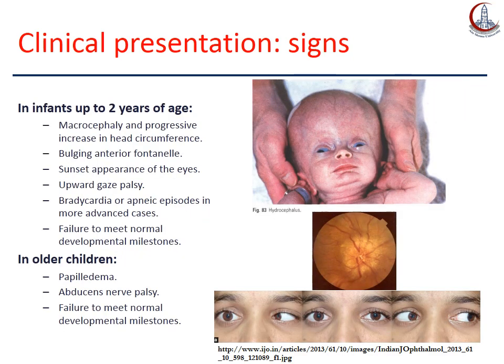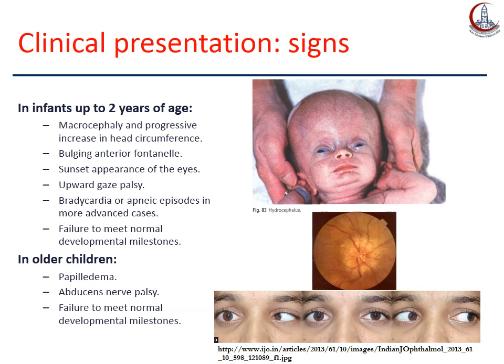Signs of hydrocephalus in infants up to 2 years of age: macrocephaly and progressive increase in head circumference, bulging anterior fontanelle, and sunset appearance of the eyes. Normally, the upper eyelid covers 1/6 of the cornea.